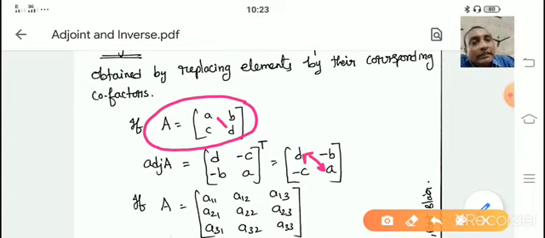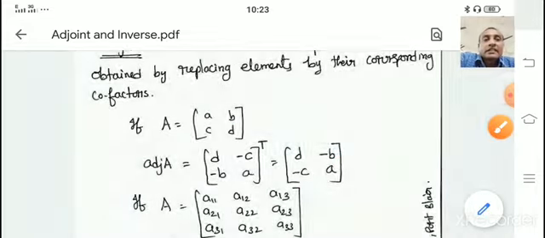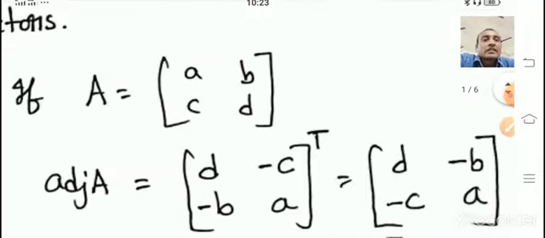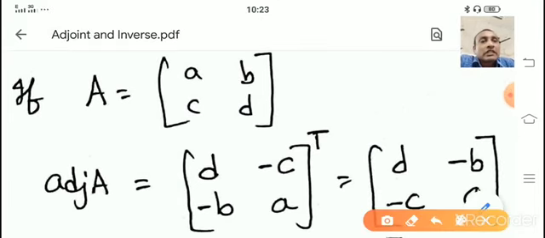And then B and C got sign changed, minus B, minus C. So this point you remember: interchange the diagonal elements, sign change. What we have to do? Interchange A and D, sign change B and C, then you get the adjoint directly.